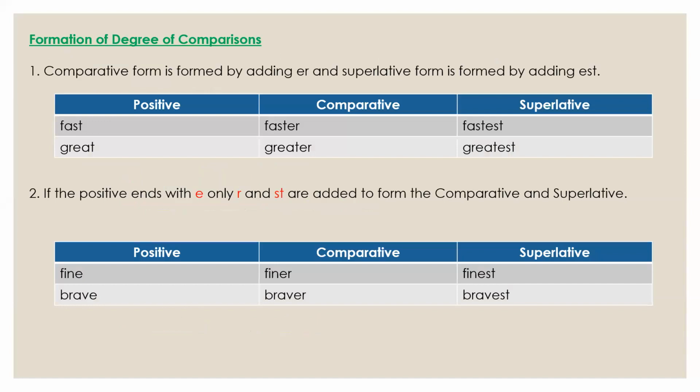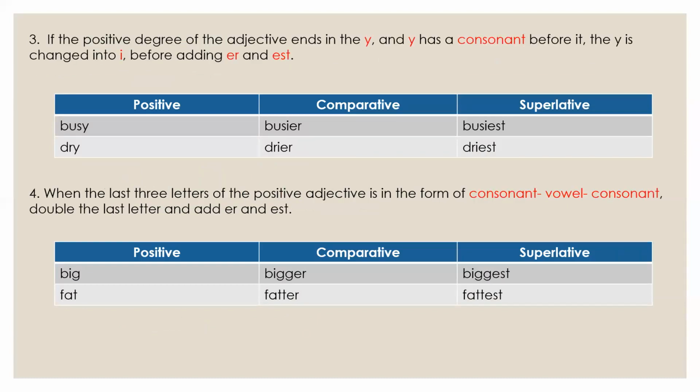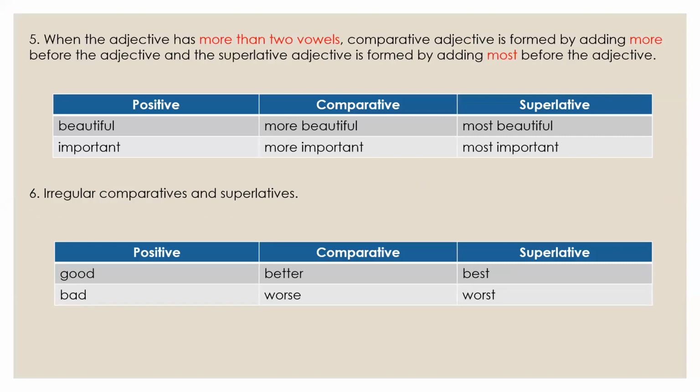If it is ending with E, we just add R to make the comparative adjective, whereas we add ST to make the superlative adjective. Like that, all 6 rules will be explained separately while giving them the examples.